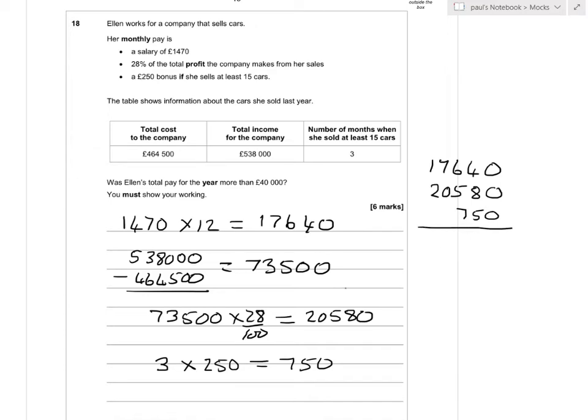So 20580 plus 750 plus 17640. So she makes 38970. What's the question? Was Ellen's pay for the year more than £40,000? No.